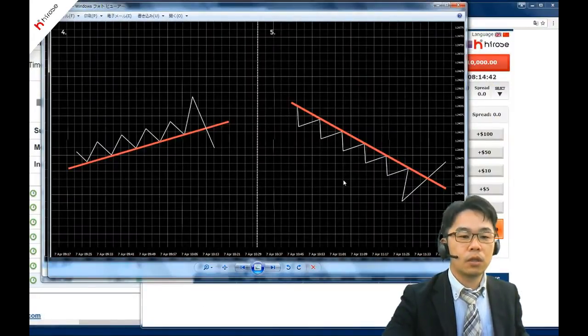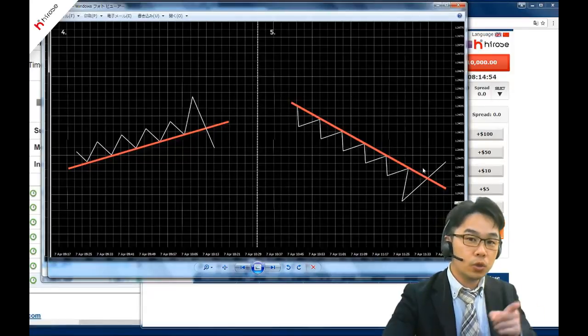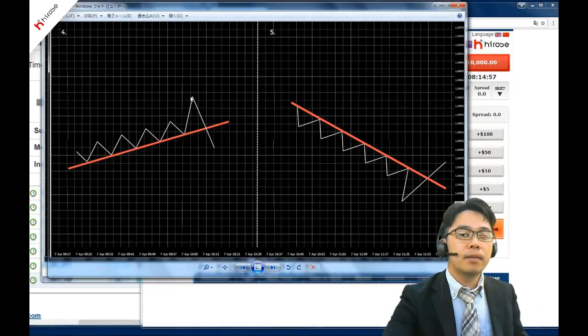And the next point. This one, picture number 4 and 5, there's a trend, right? The trend line is going up and this one is going down. But you will notice that the market price is breaking through the trend line. This one from the up to the down, and this one from the bottom to the top.